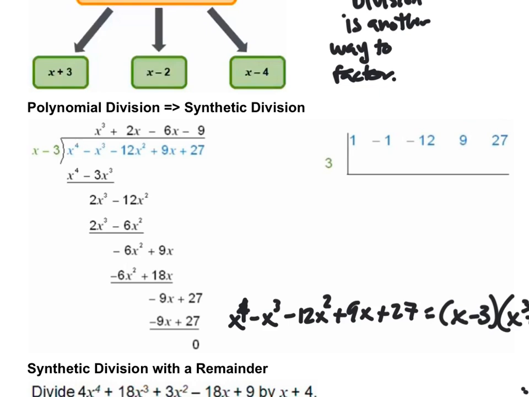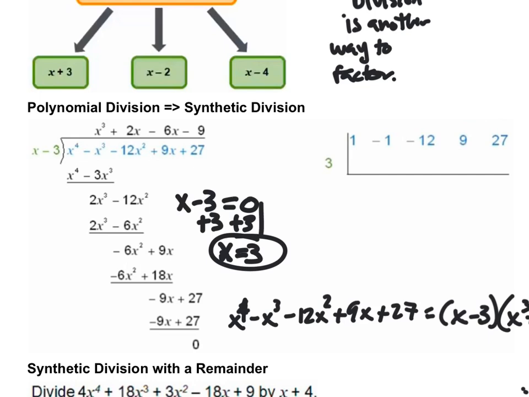Now, the issue is coming up with this number here, the divisor. When I take x minus 3, that's a factor. If I want to find the value associated with that factor, remember, we set that equal to 0. We add 3, and you get that x is equal to 3, and that becomes this number here.